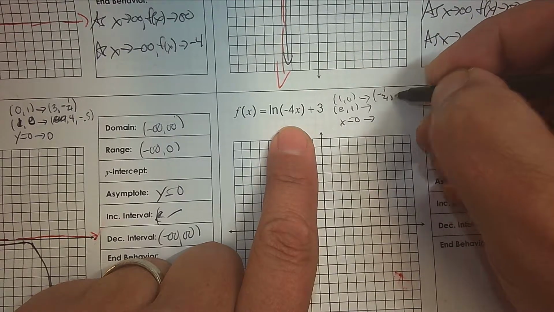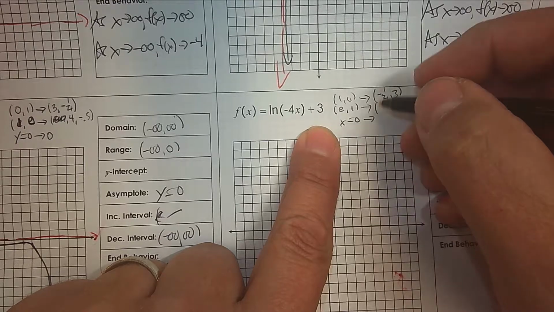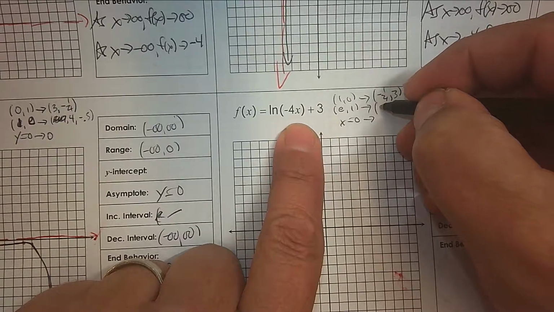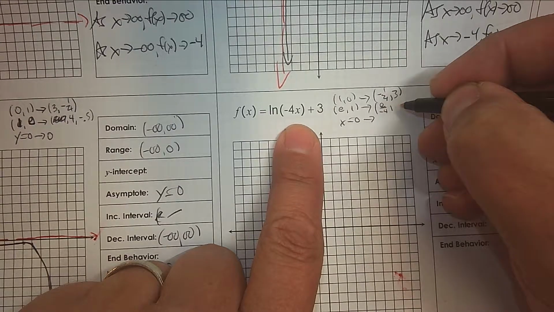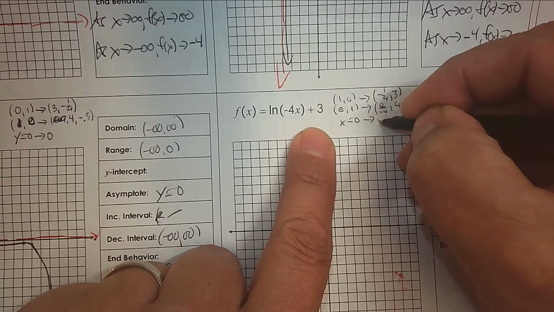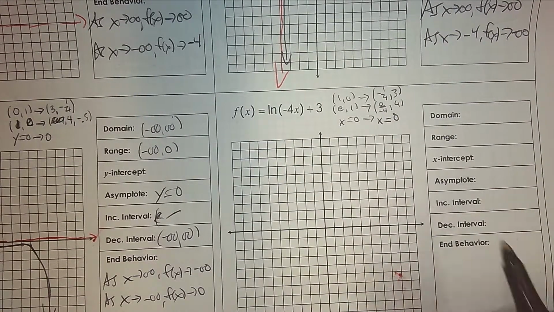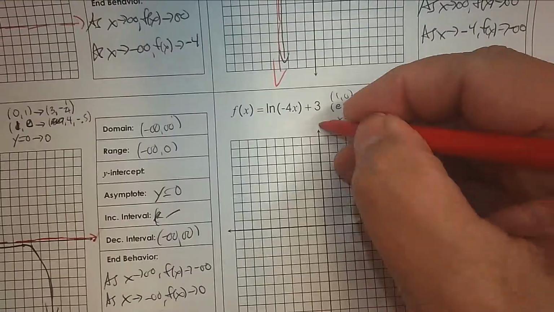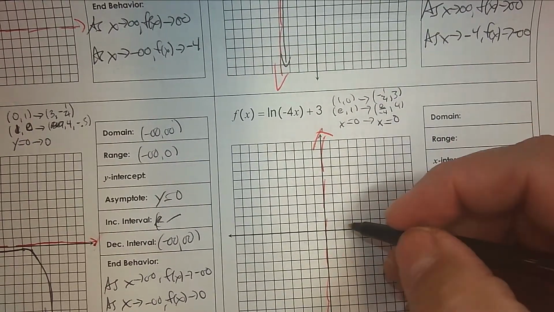And then add 3. I said this is a headache. This is E divided by negative 4. You could do it in the calculator if you want. And then add 3. And then x stays 0, because 0 divided by negative 4 is still 0. So 3 and negative a quarter.